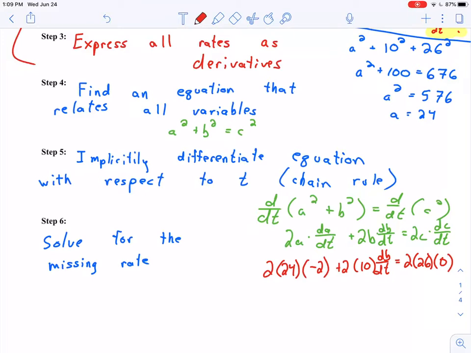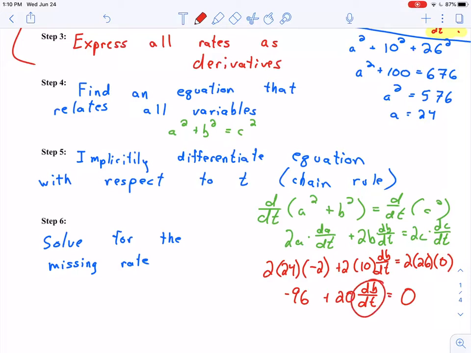And now I have this equation that I can solve for dB dt. So I'm just going to go ahead and do a little bit of algebra here. So let's see, I should have negative 96, for my first term, plus 20 dB over dt equals 2 times 26 times 0. I'll have 0. So again, I'm just trying to solve for dB dt.